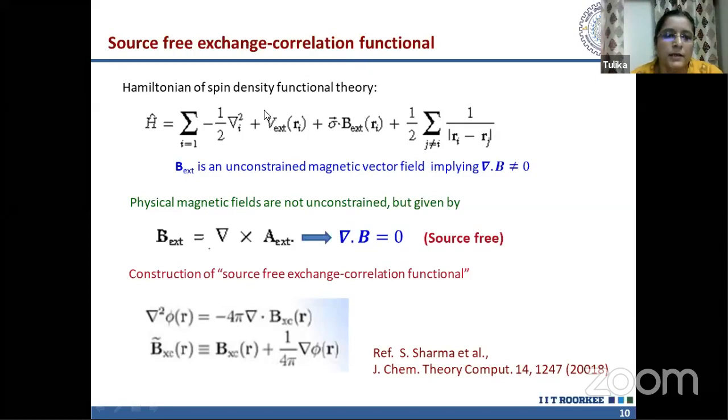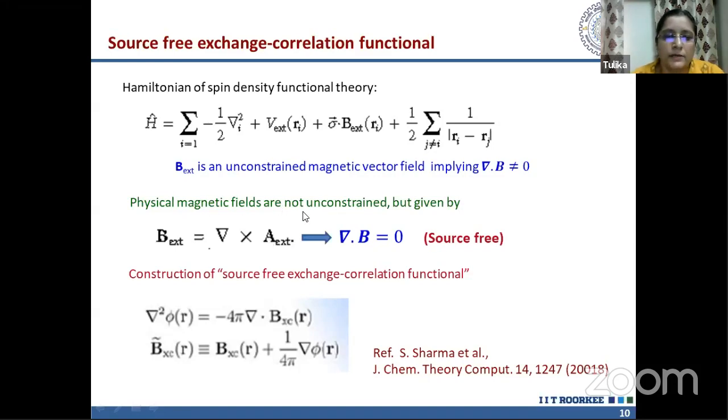If we look at the Hamiltonian of spin density functional theory, the external potential can be written as a sum of a spinless or scalar potential plus a sigma dot B kind of term. Okay, but this magnetic field which appears here is generally unconstrained. It's not necessarily to be represented by a curl of a vector potential.